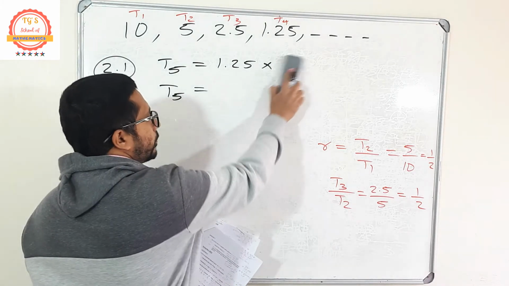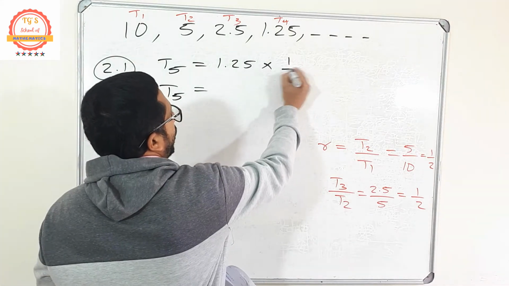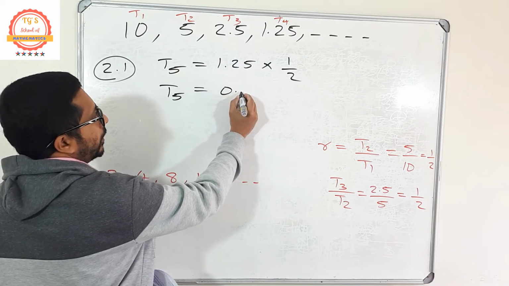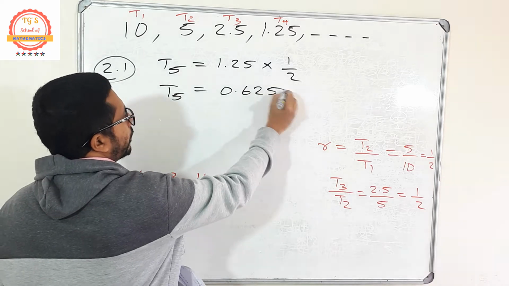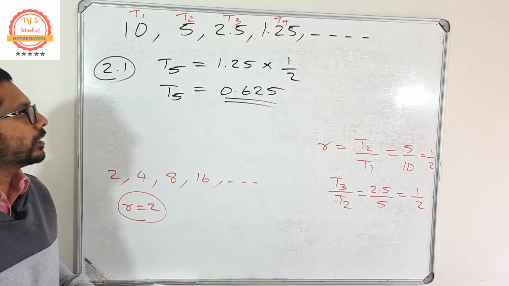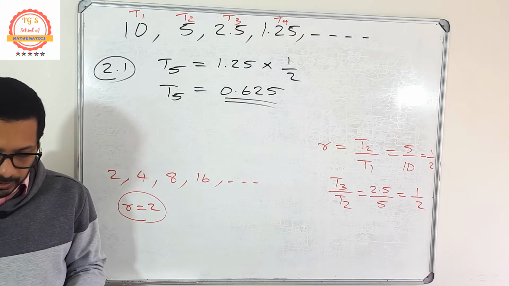It's not 2, it's 1 over 2. So what is the answer? 0.625. That is the fifth term. Let's go to the next question.